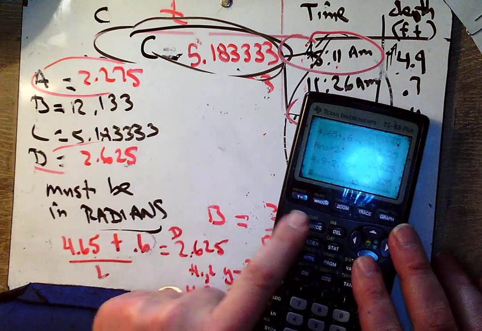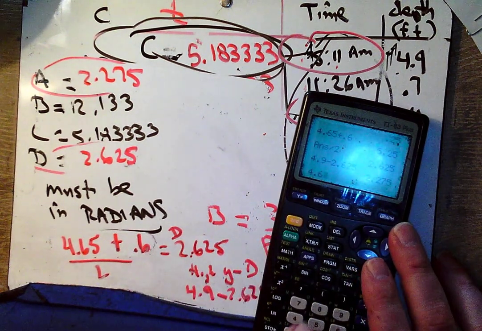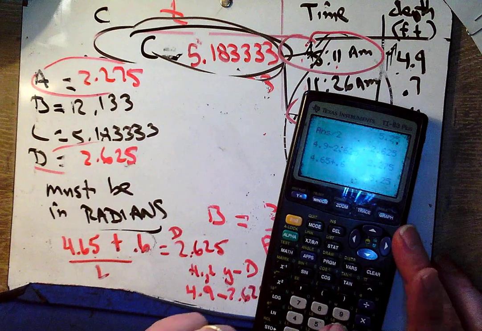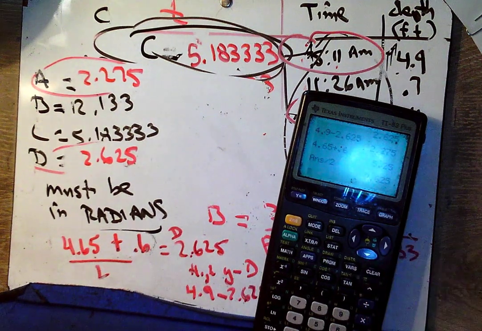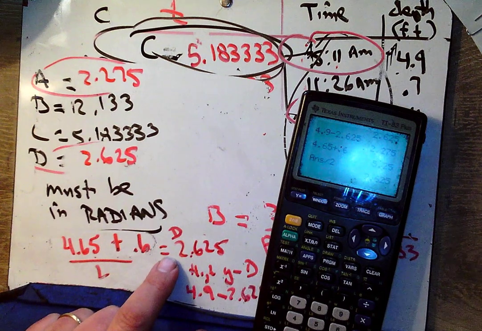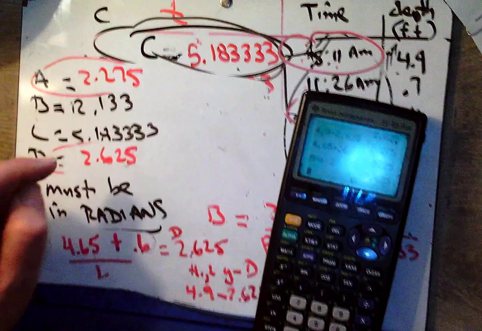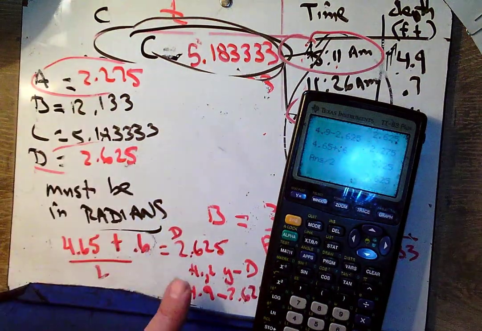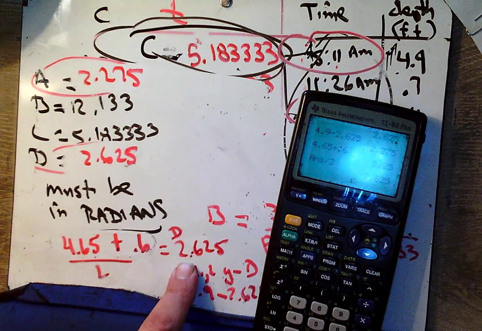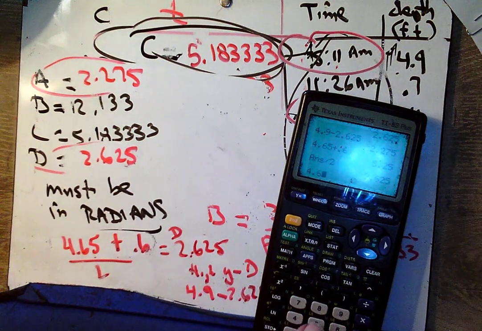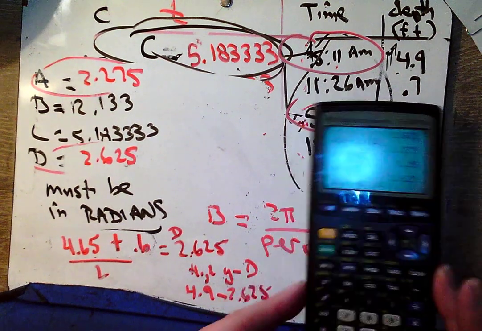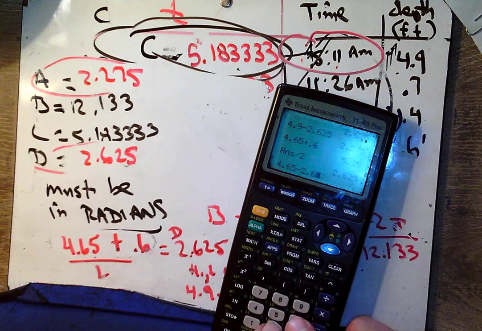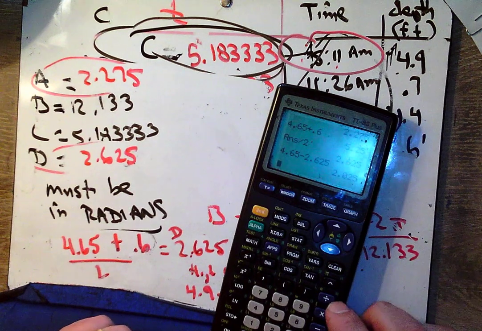Let's just recalculate just to make sure. 4.65 plus 0.6 divided by 2. Once I've established where that midline is, then I want to figure out an amount above and amount below. So we did high Y minus D and came up with 4.65 minus 2.625.